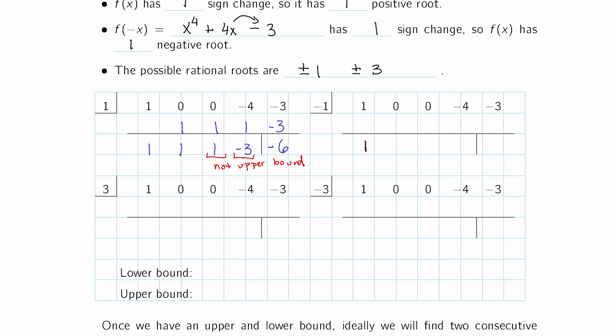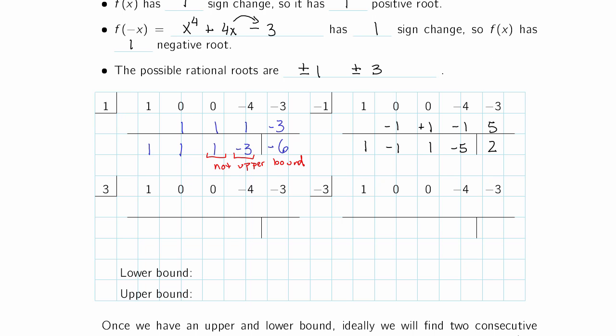Bring down the 1, times negative 1 is negative 1, plus 0 is negative 1. Times negative 1 is positive 1, plus 0 is positive 1. Times negative 1 is negative 1, plus negative 4 is negative 5. Times negative 1 is positive 5, minus 3 is positive 2.